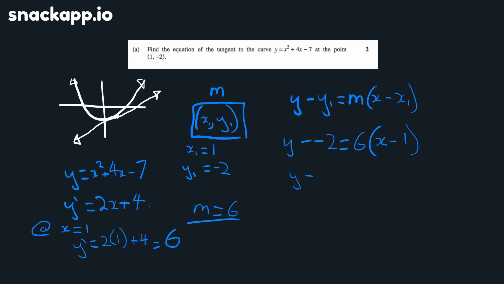So we get y plus 2 is equal to, let's expand this, 6x minus 6. And now I'm going to write it in the nice y equals mx plus b form. So going to move the 2 over to the other side by minusing 2 off both sides. So we get y is equal to 6x minus 8. And there you have it.